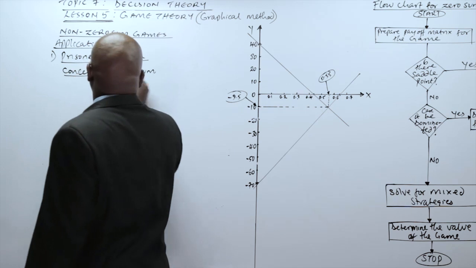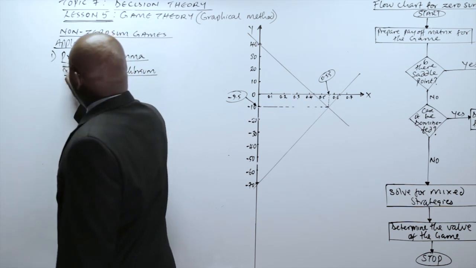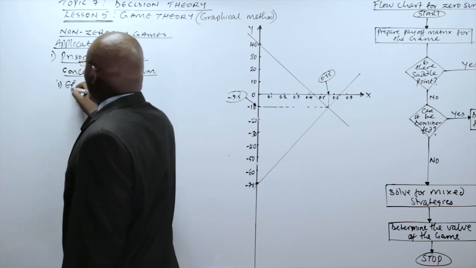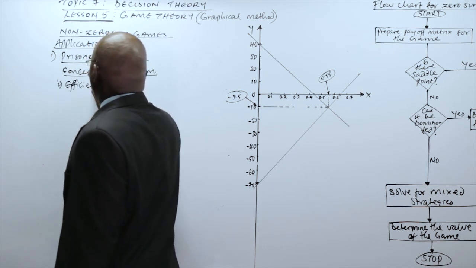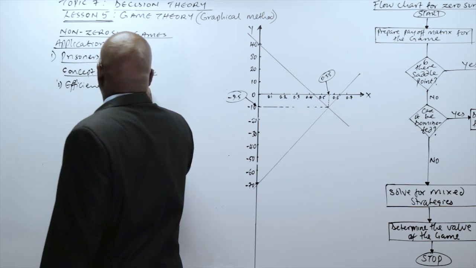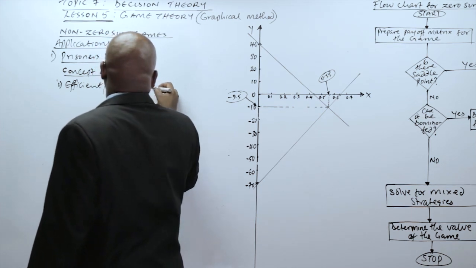Equilibrium. Now there are two concepts here. So we have Roman 1, what we call the efficient or Pareto equilibrium.